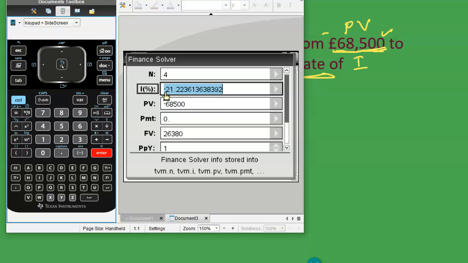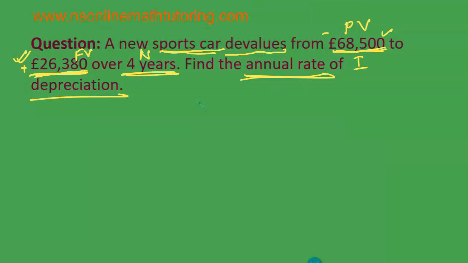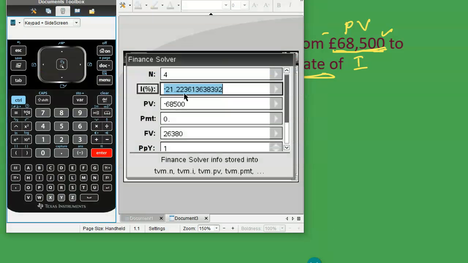Okay. So the depreciation rate is 21.22% per year. So the answer is, let me once more show you, it is 21.22%.